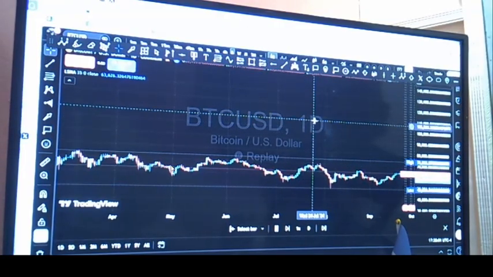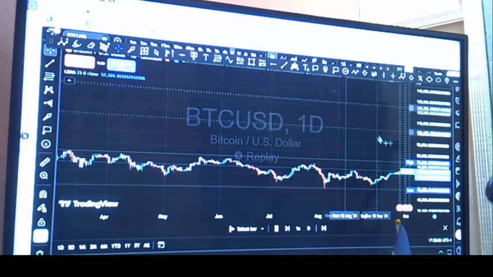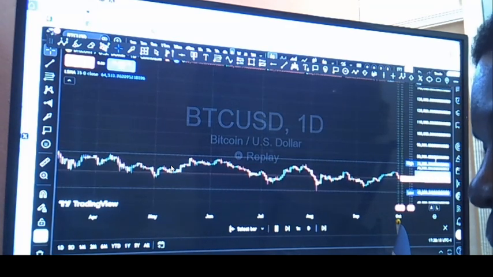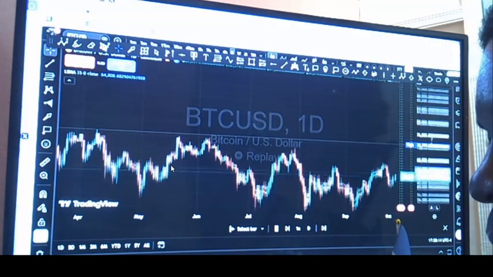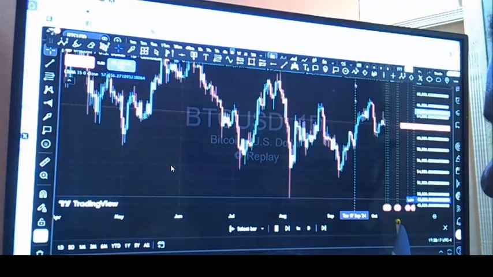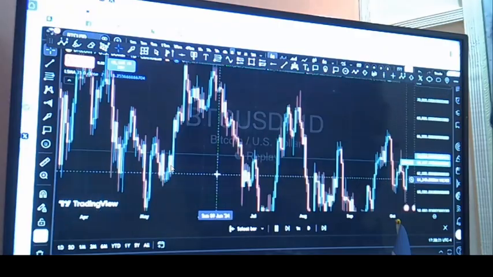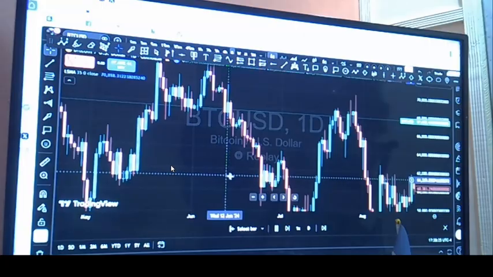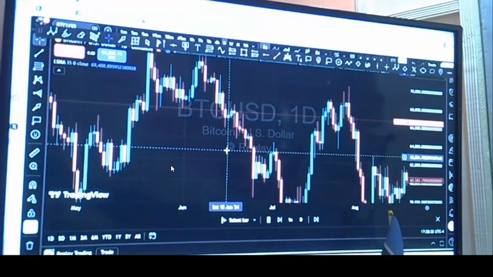So what we are going to do, we have to zoom out these charts a bit using the touchpad, not using a mouse.